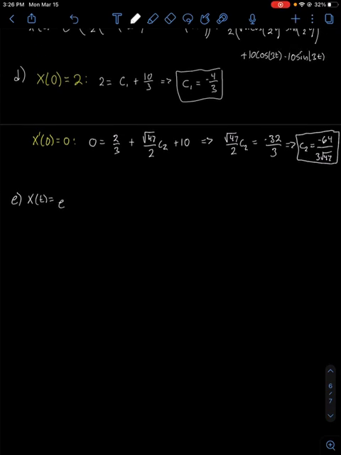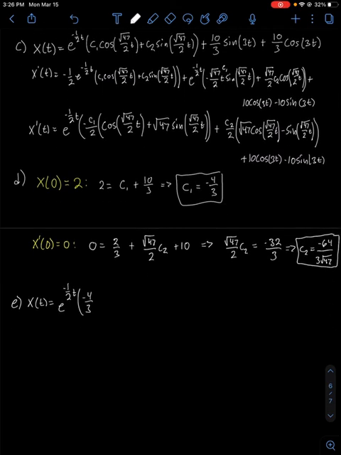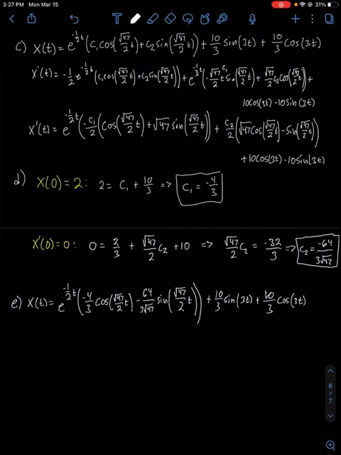X of t equals e to the negative 1/2 t times C1, negative 4/3 cosine of the square root of 47 over 2 t, plus c2, minus 64 over 3 root 47 sine of the square root of 47 over 2 t, and then we have plus 10/3 sine of 3t plus 10/3 cosine of 3t, and that is the final answer.